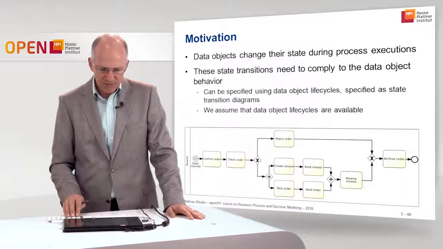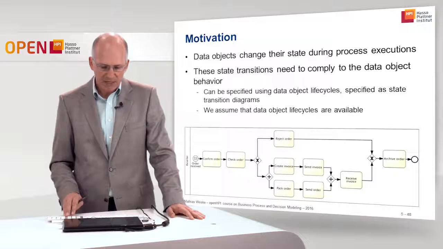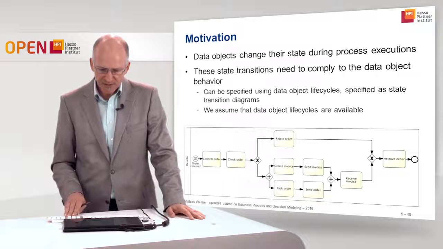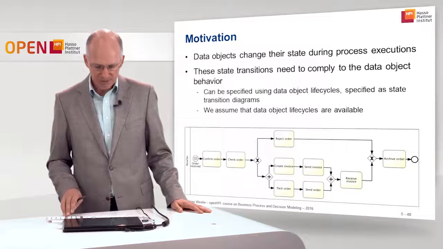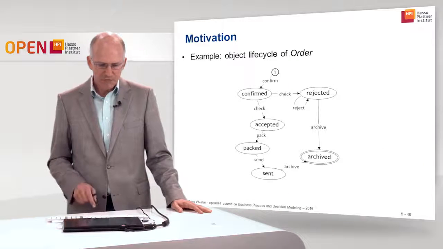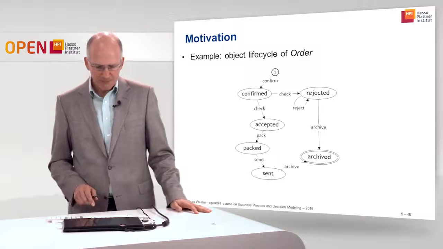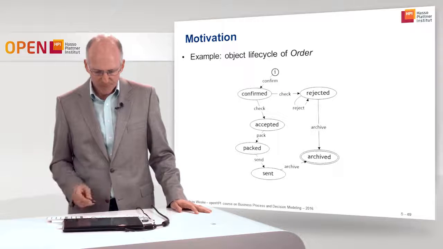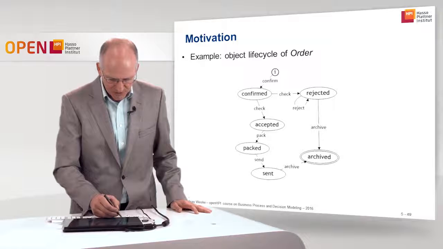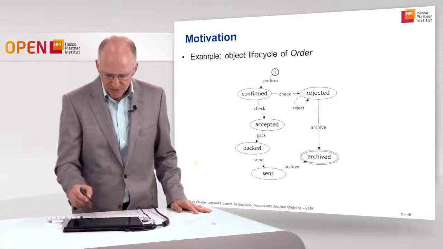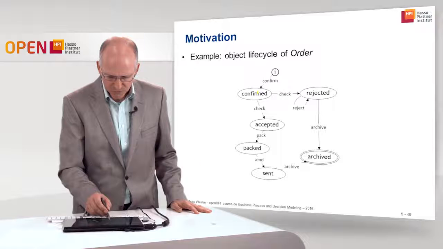All right, so these state changes need to comply to the data object behavior, and this can be specified using data object life cycles that are specified as state transition diagrams. Here we have an example of the object life cycle of the order that we've been looking at before. Here the states of the data object are represented by these ellipses.